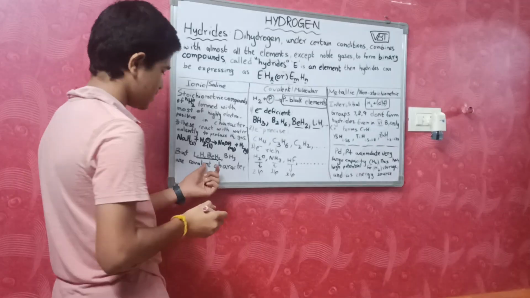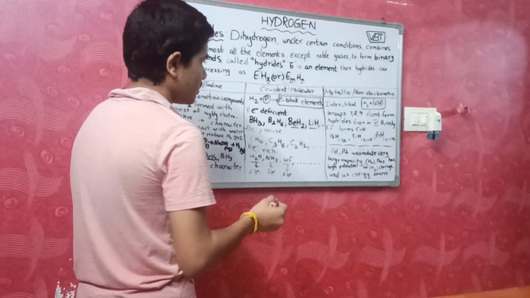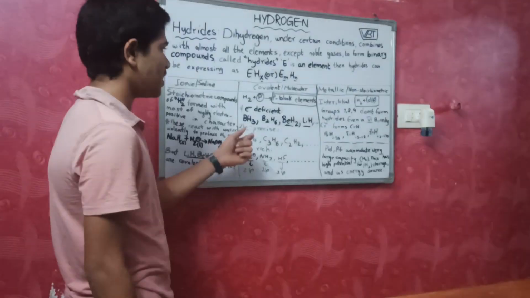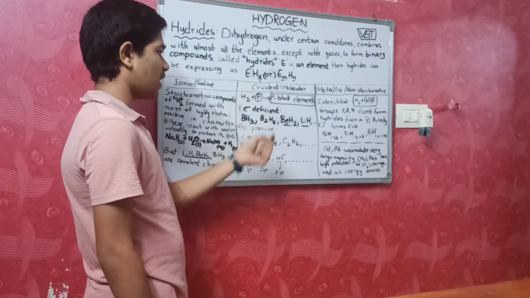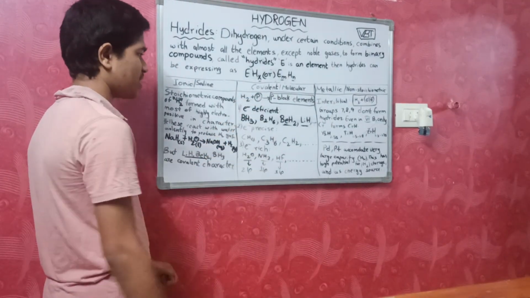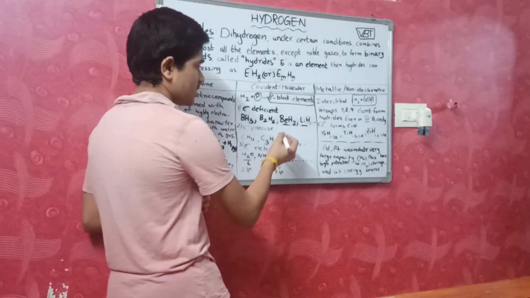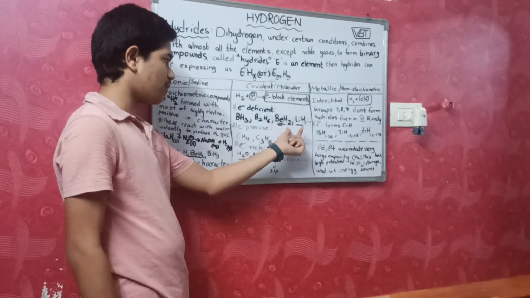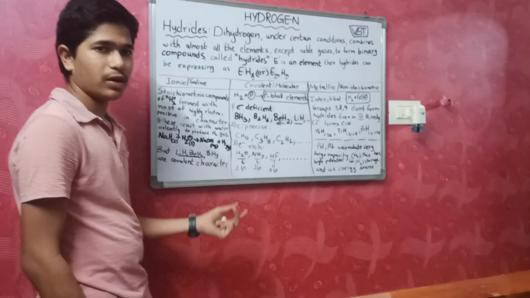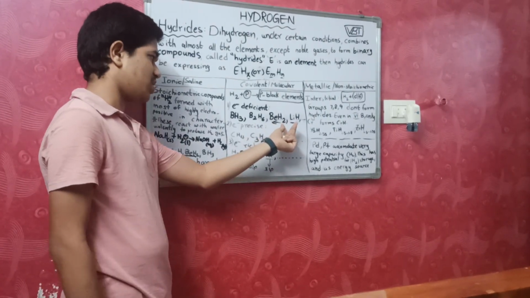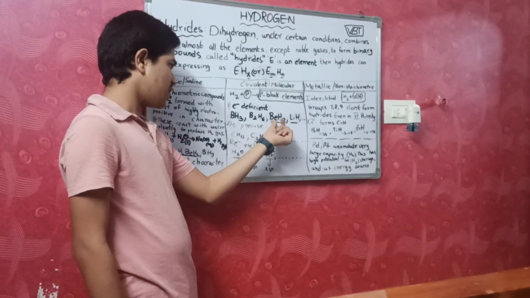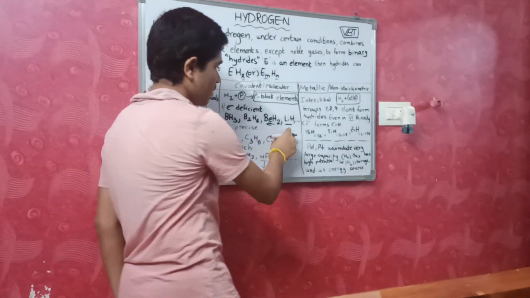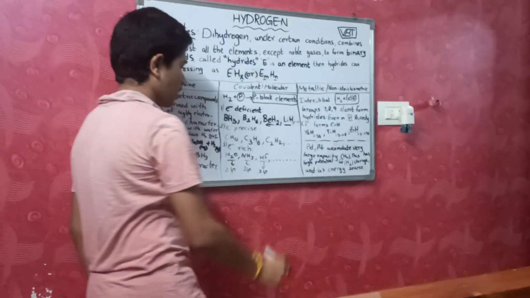We considered these examples as covalent character. These beryllium hydride and lithium hydride are considered covalent molecular hydrides and electron deficient hydrides because even though beryllium shares 2 electrons with hydrogen, beryllium does not attain its octet. Similarly, lithium also doesn't attain its octet.